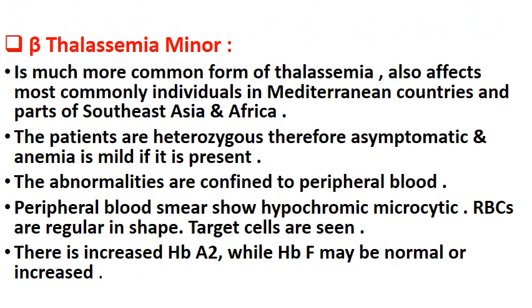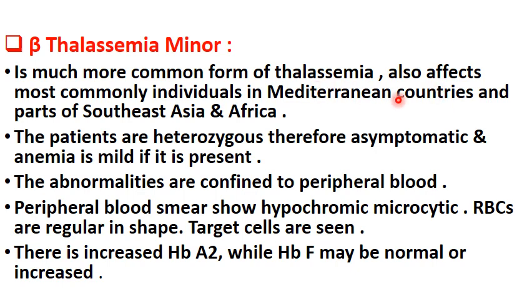The first type of beta thalassemia is beta thalassemia minor. What is the meaning of beta thalassemia minor? Actually, it is the most common form of thalassemia. It is the type that commonly affects individuals in Mediterranean countries.